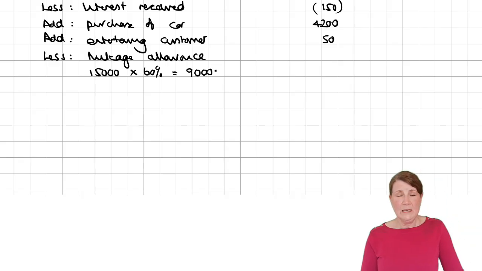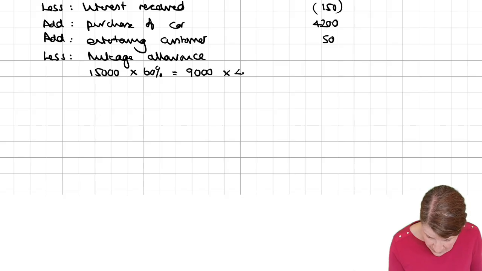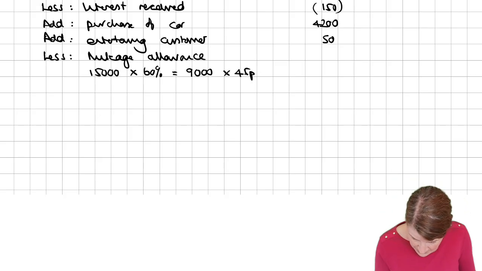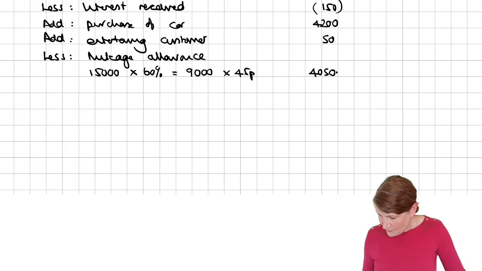And remember, it's 45p for the first 10,000 miles, and then it drops to 25p per mile after that. But we're within the 10,000, so 9,000 at 45p per mile, and that means 4,050.